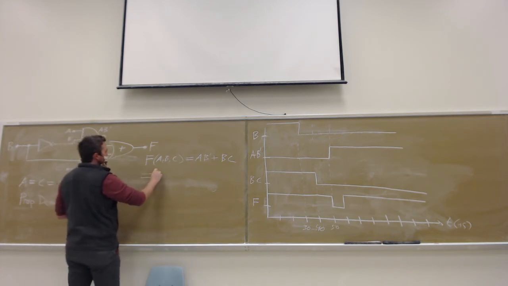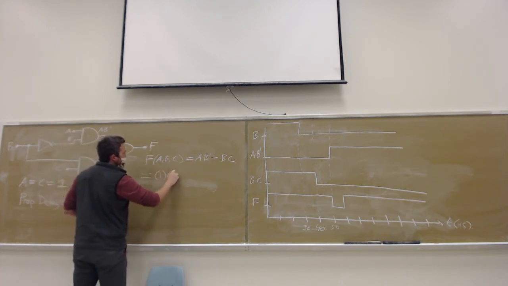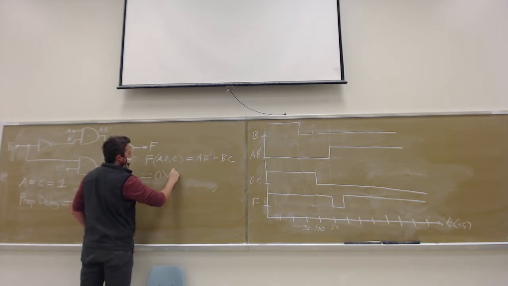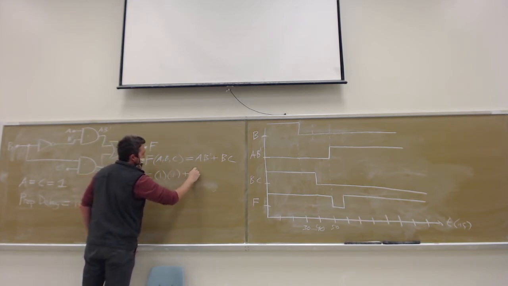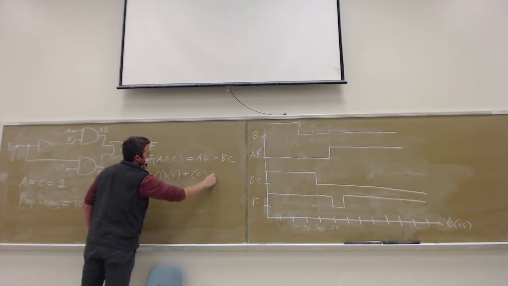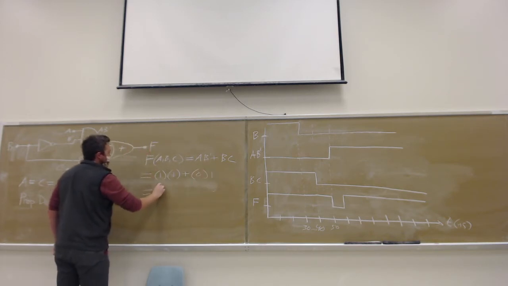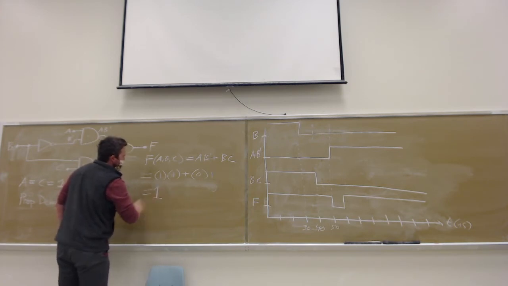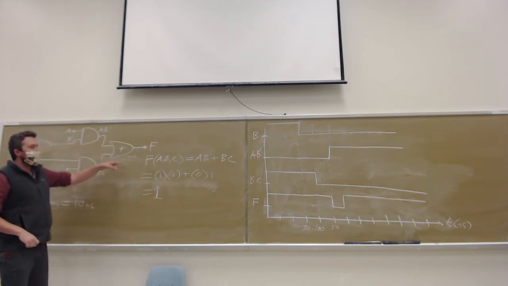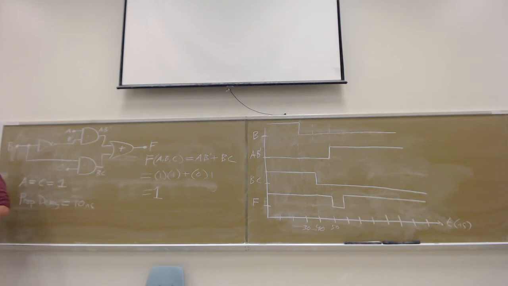All right, so that would be 1 and 1, right? Or 0 and 1, right? So I guess that's 1. What I'm saying is, for the input combination on the truth table, we should have gotten a 1 on F, which is what we got.